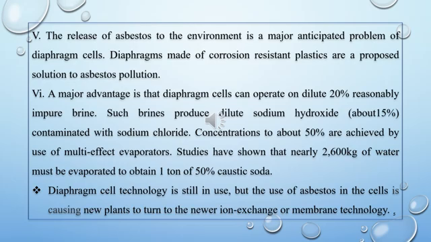And in the third one, he said that diaphragm cell technology using an asbestos diaphragm is now replaced by the membrane cell process. So these are the advantages and disadvantages of diaphragm cells, which we have discussed.